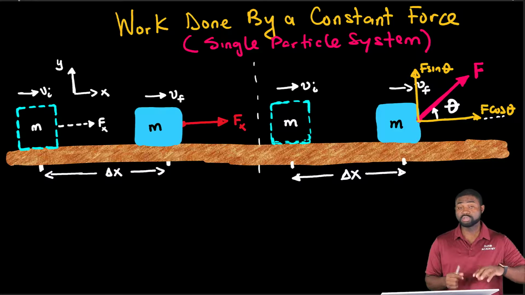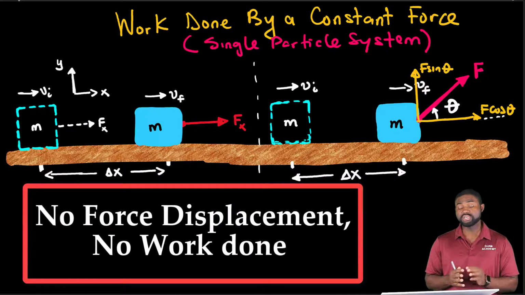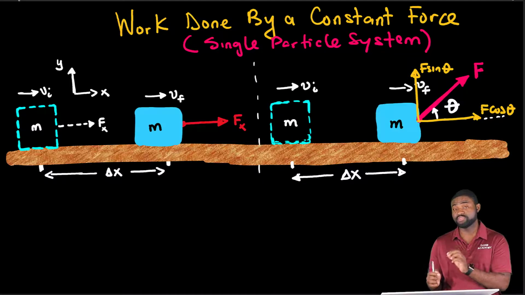Mathematically, the work done by a force is given by the product of the component of that force in the direction of displacement and the magnitude of the displacement of the point of application of the force.